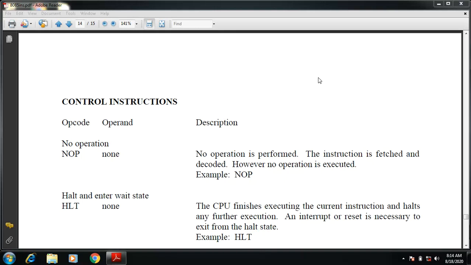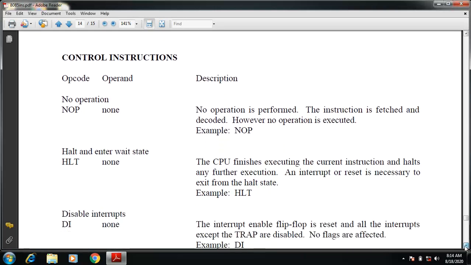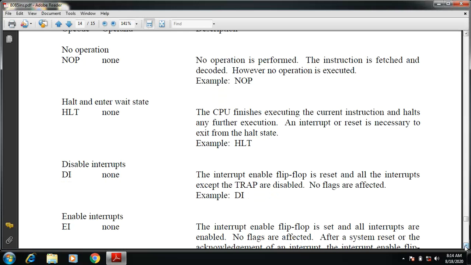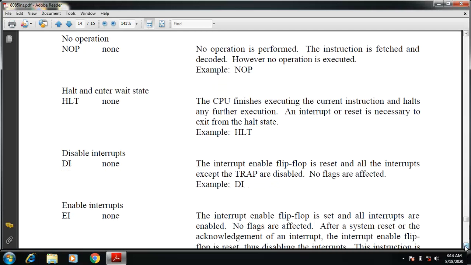Next one, HLT or halt. Halt and enter wait state. The significance is the end of the program. In every ALP, that is assembly language program, we write HLT at the end of the last line.